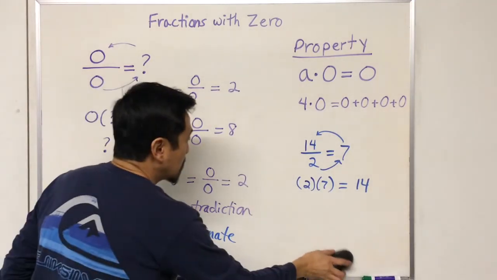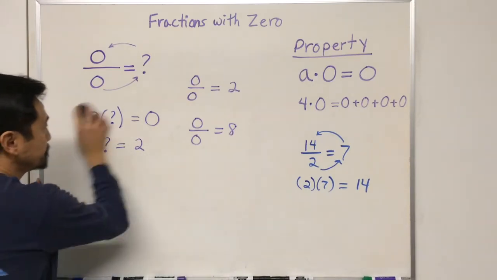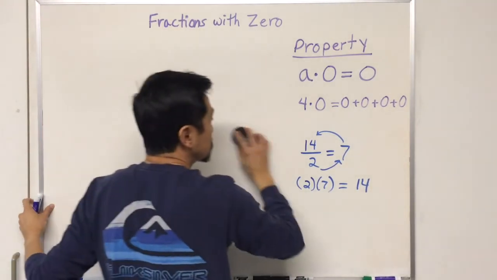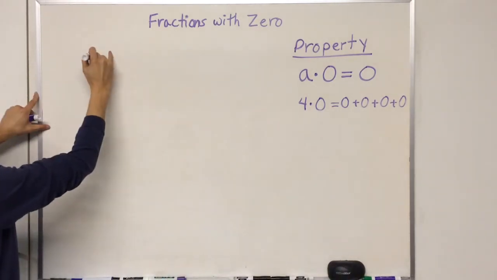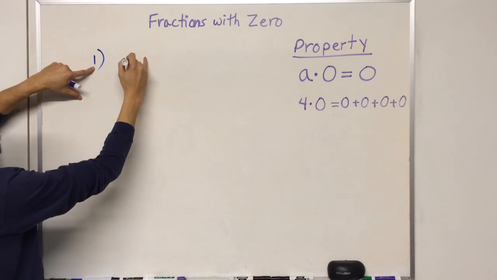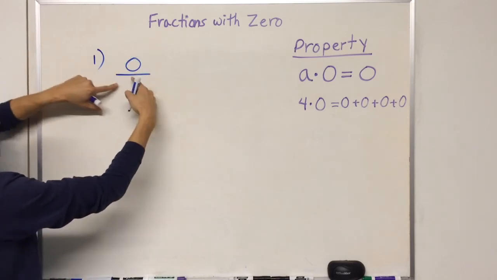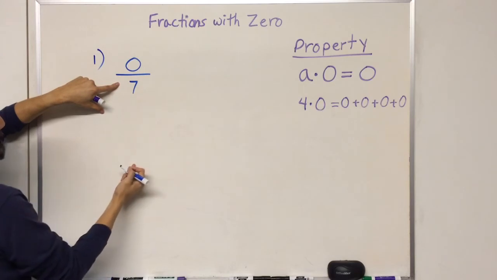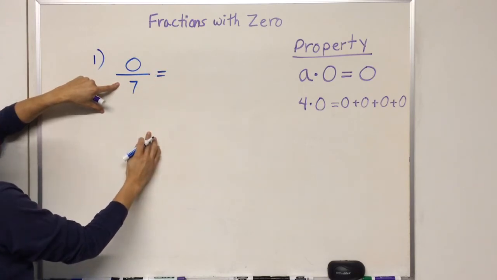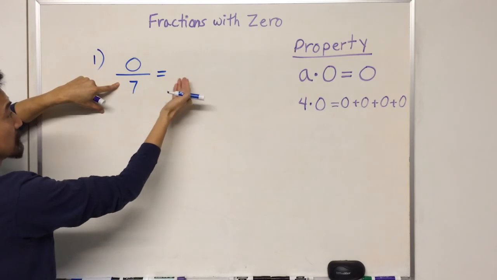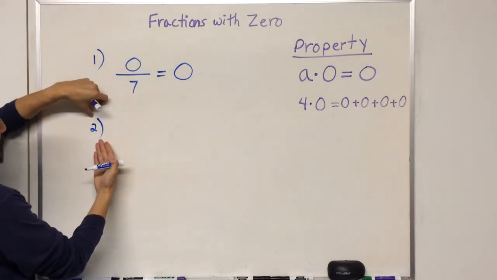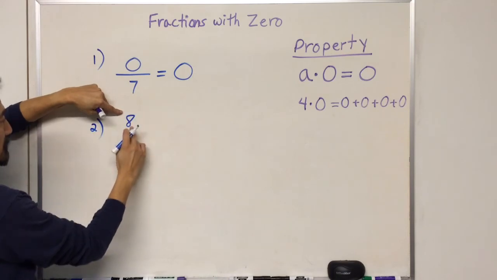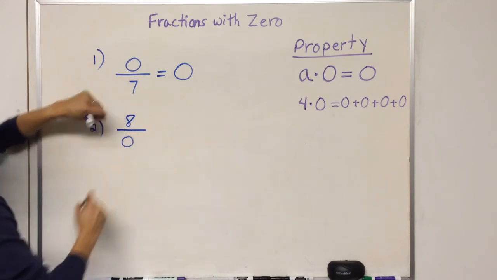So, in conclusion, what did we look at first? We looked at fractions where the numerator was 0 and the denominator was non-zero, like a 7. Okay, and so that we said was equal to a real number, right? And that is 0. Okay, and then we looked at the second case where the fraction had a non-zero number in the top and was divided by 0.